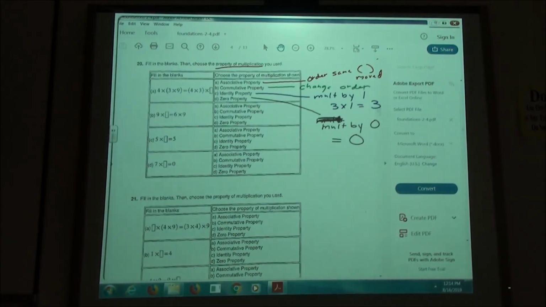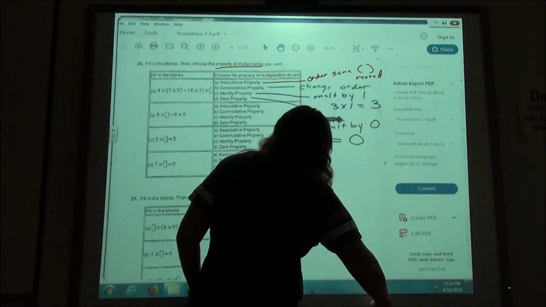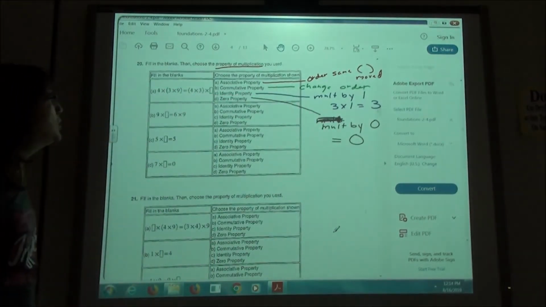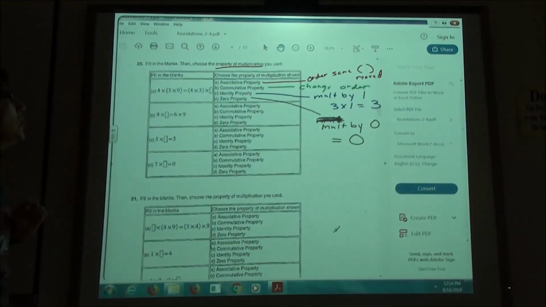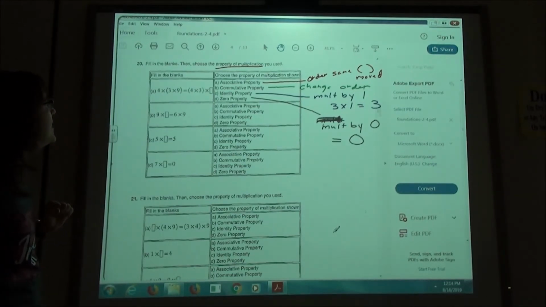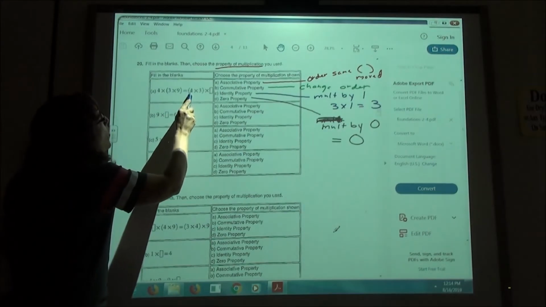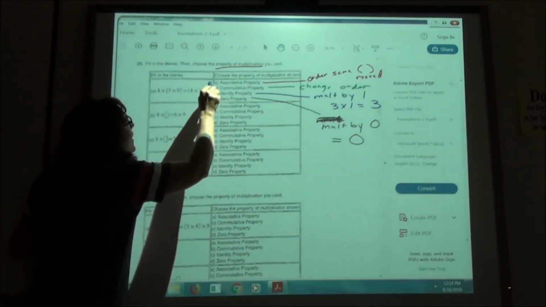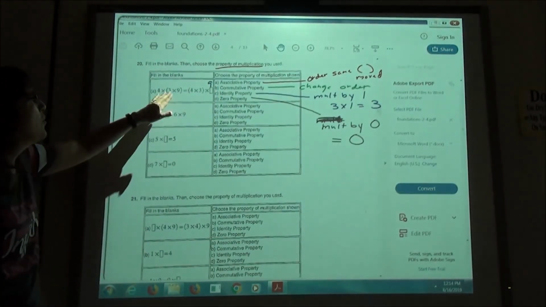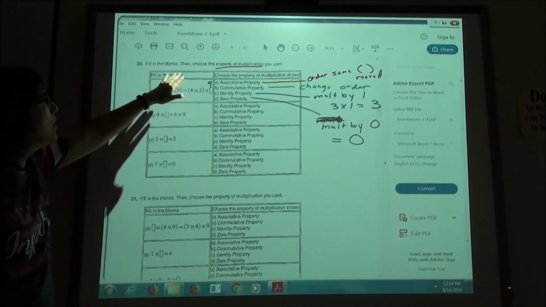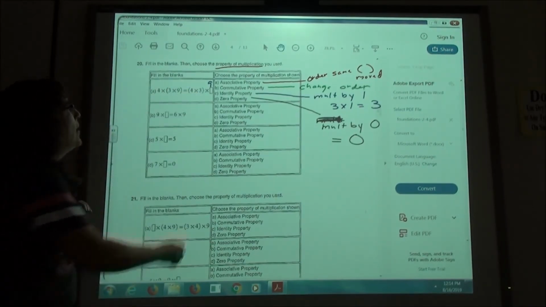So again, when you look at that list, the first one has parentheses. If it has parentheses, it's most likely your associative property. And if it's your associative property, the order has to be the same. 4 times 3 times 9, 4 times 3 times 9 then. Here the parentheses are around the last two, here they're around the first two.